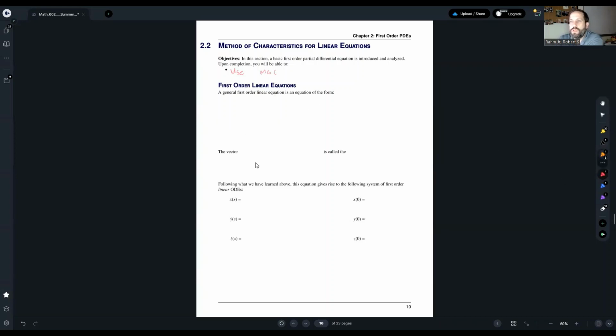So a general first order linear equation is an equation in the following form.